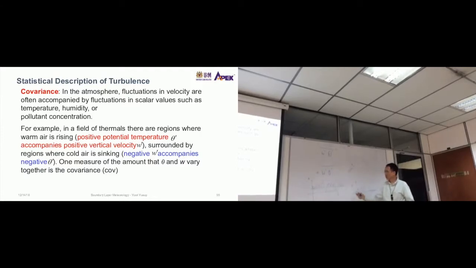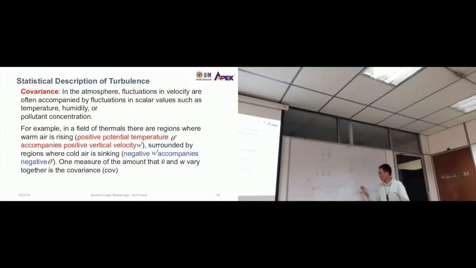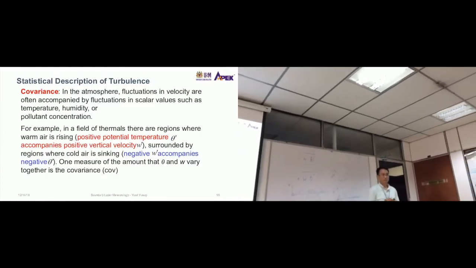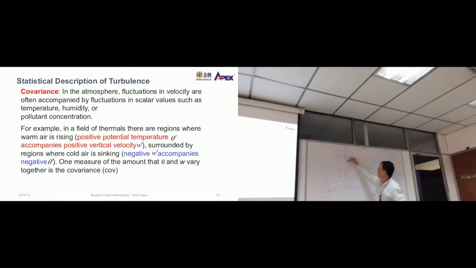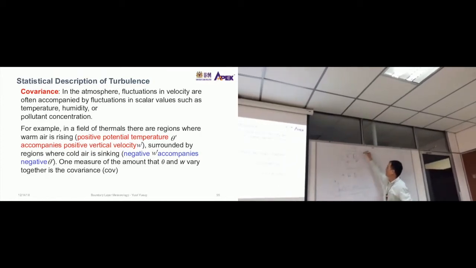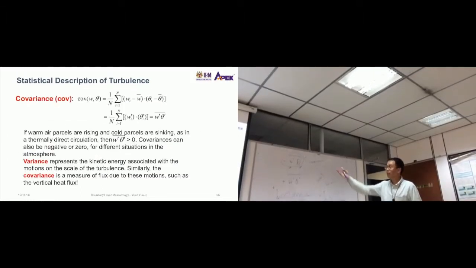So this one minus this average, times this one minus this average, and then you do that for every point, and then we get the average. For half an hour, that is the flux for that half hour. That's called covariance, because this is one variance, this is another variance, and this entire thing is the covariance. So that's what it is, basically.